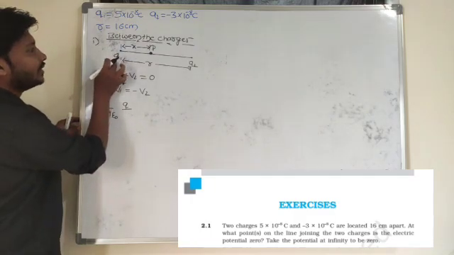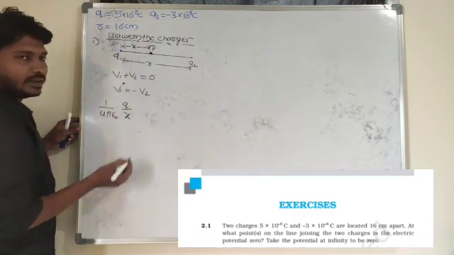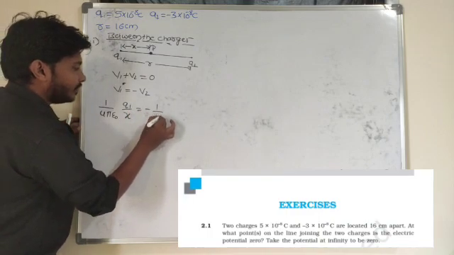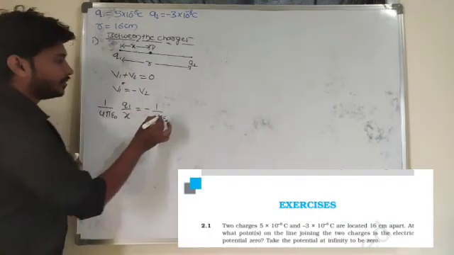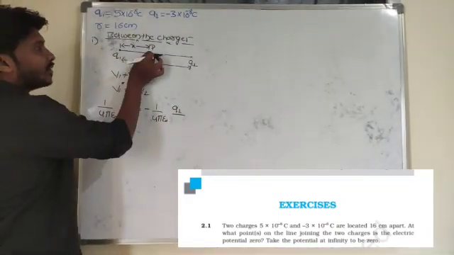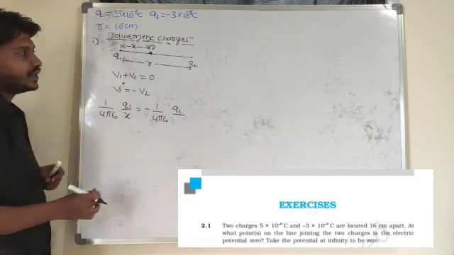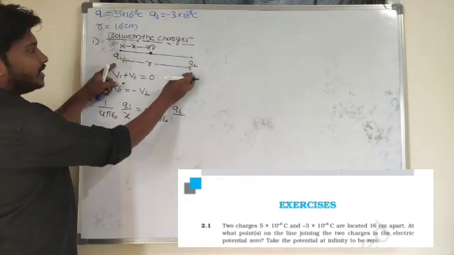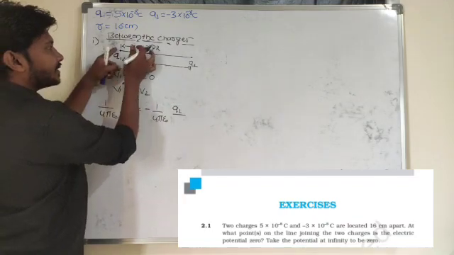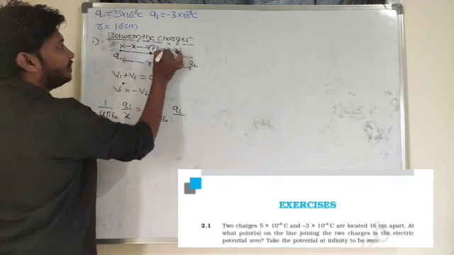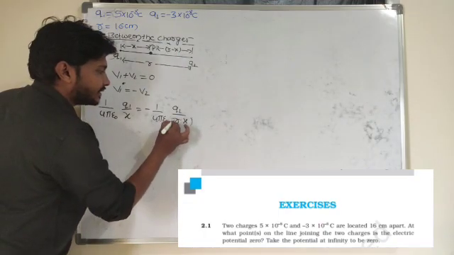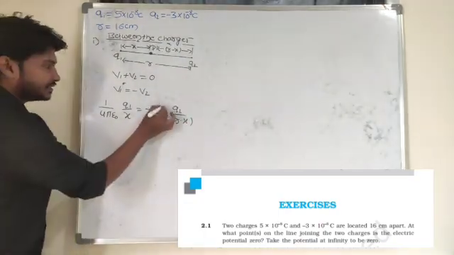The distance from Q1 to point P is x, and minus 1 by 4 pi epsilon naught Q2 divided by the distance of the point from the second charge. Total distance is r, this distance is x, so the remaining distance will be r minus x. Hope you are understanding these things.